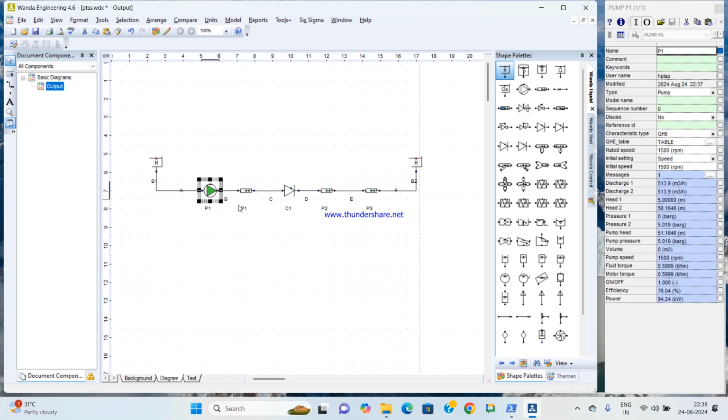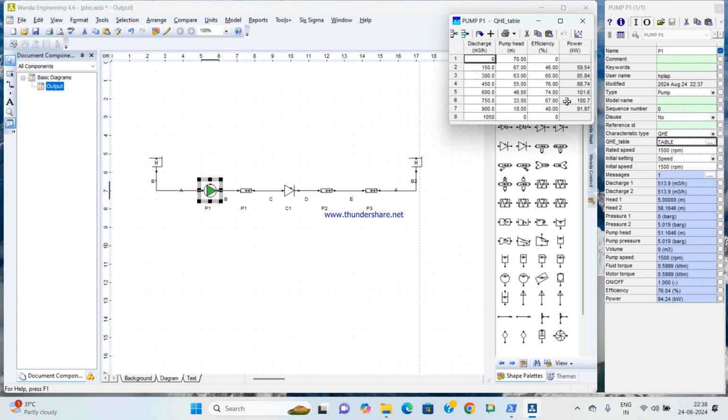Now I am going for a pump. So it's a centrifugal pump. In the centrifugal pump I am selecting the discharge head efficiency table. QHE means discharge head and efficiency table. So this is the table. Arbitrarily I took some of our raw and service water pump characteristics.